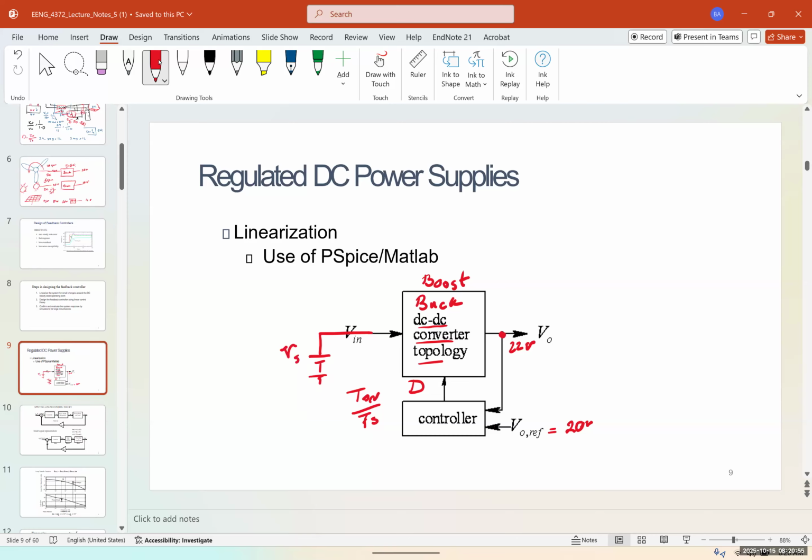If we just want to multiply them, it's a cascading, so GL is going to be GC, GPWM, GPS, and this is the feedback loop gain. Again, in decibels, you can take the logarithm and just add them together. Both ways are correct.